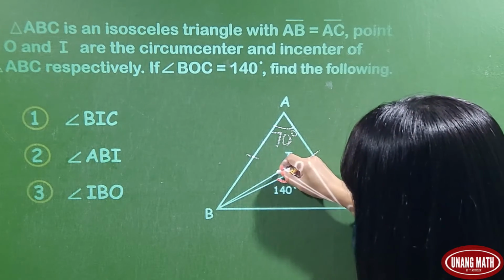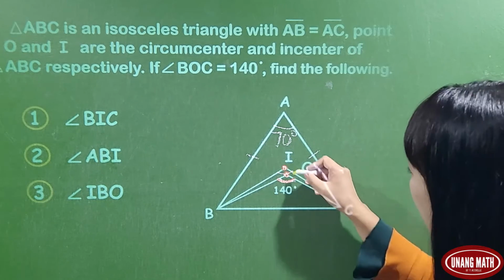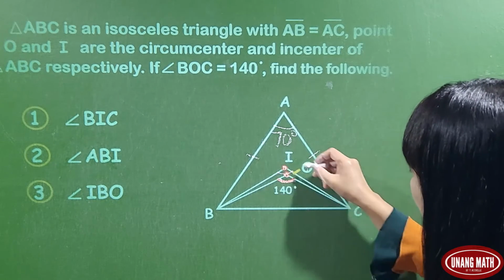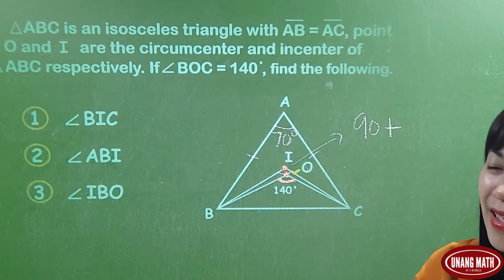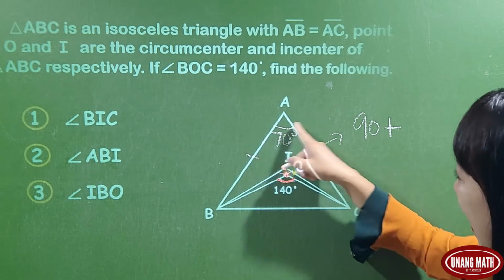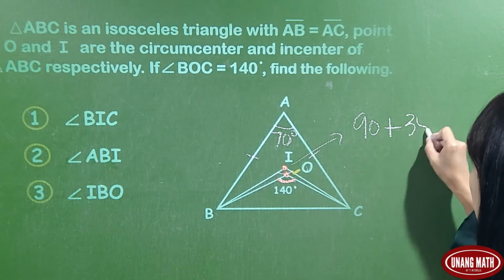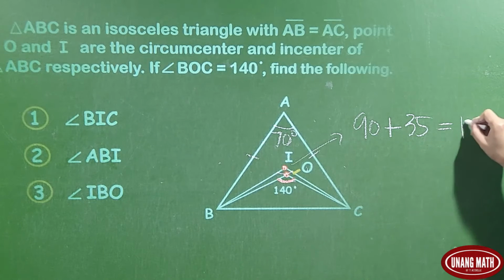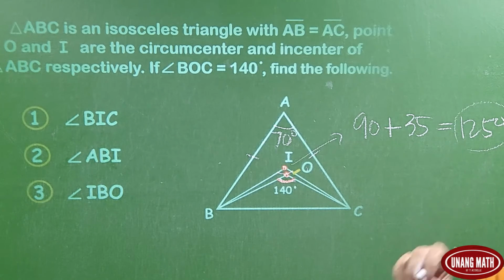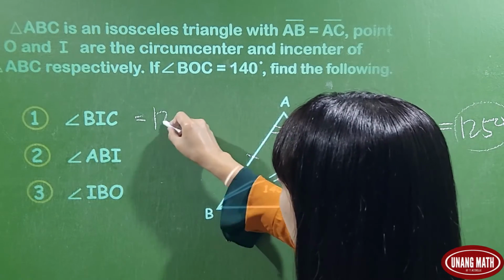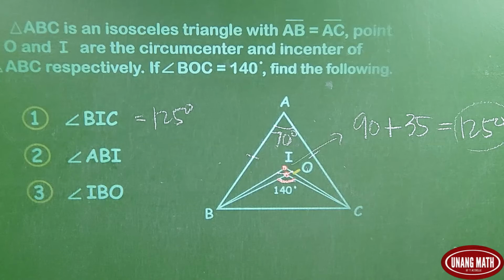Since this is our incenter, to find angle BIC, it's 90 plus half the measure of angle A, which is 70 divided by 2, that would be 35. So 90 plus 35, then angle BIC is 125 degrees.